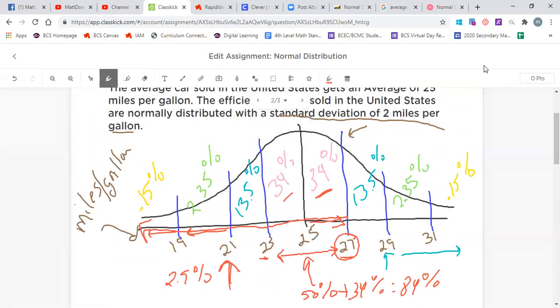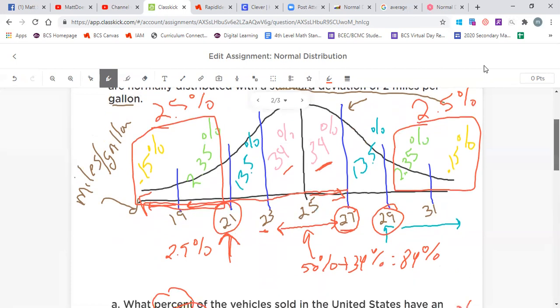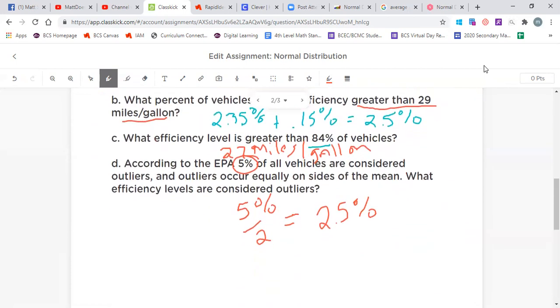So let's look for that. Well, I know right here on the top half, this is 2.5% if I add them together. And this is 2.5%. So at 29 and at 21, those are our spots for creating the outliers of our vehicles' efficiency. So what efficiency levels are considered outliers?